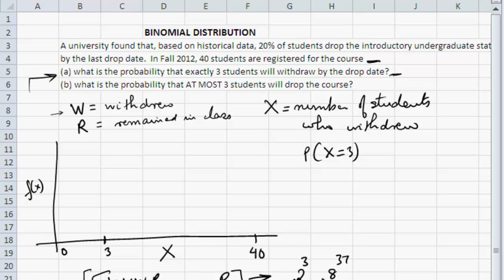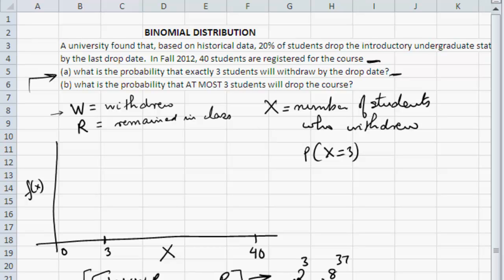Now, if you recall our definition of combinations, you should recognize this to be 40C3, the combination of 40 things taken 3 at a time, the number of ways in which you can pick 3 things out of 40.